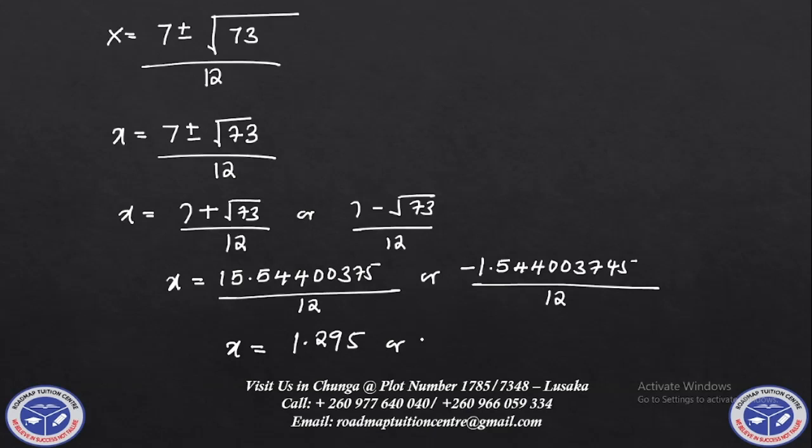Now the question says give your answer to two decimal places, meaning after the point you should write two numbers. So how is this going to change? As we can see here, this is 5.